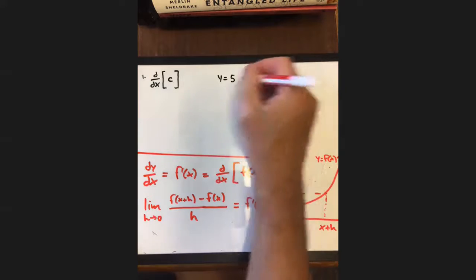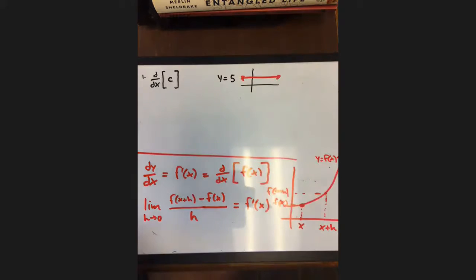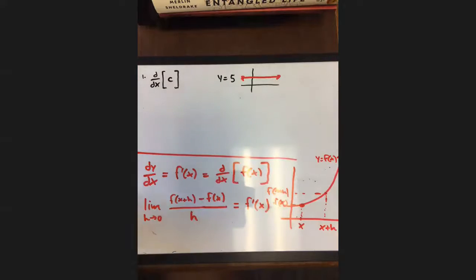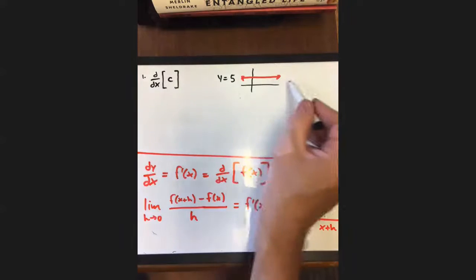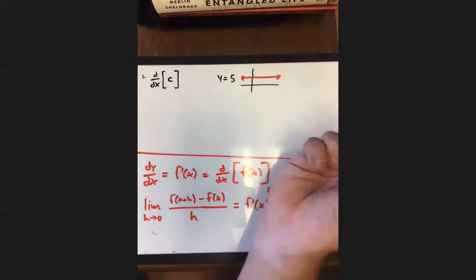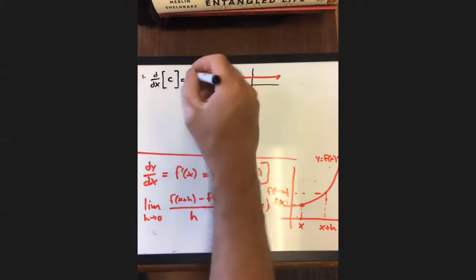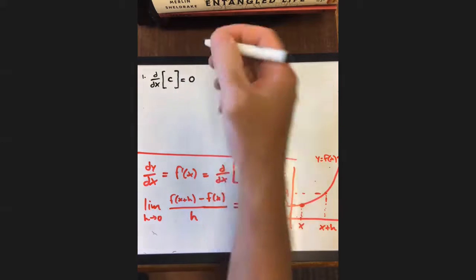And one of the things that we know about the derivative is it measures the steepness of the curve. Well, any horizontal line has slope 0. And so any tangent to that curve that we could draw would also have slope 0. And so we have this first result that the derivative of any constant is just 0.